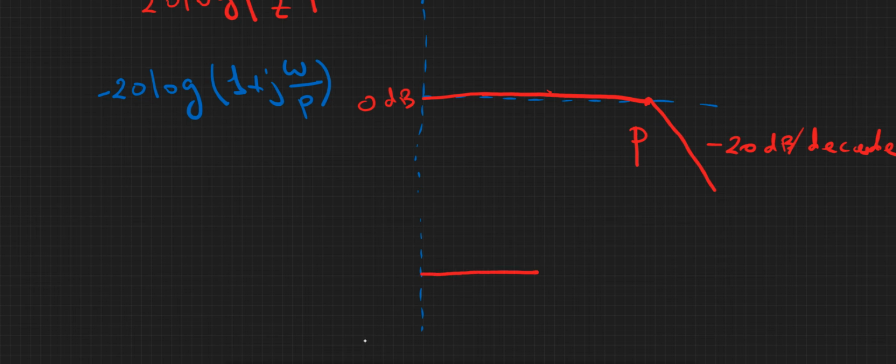At the zero, it starts to increase until it reaches the pole, and then after the pole, the pole is going down by 20 dB per decade and the zero is going up by 20 dB per decade, so they cancel each other out, and the magnitude becomes something like this. This is the magnitude plot of our controller, assuming that the zero is smaller than the pole, which is the case for the lead compensator.